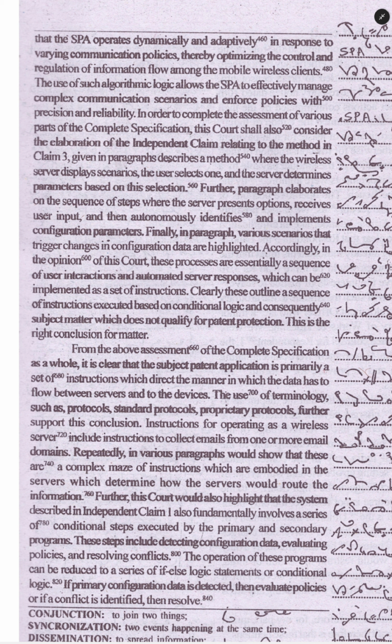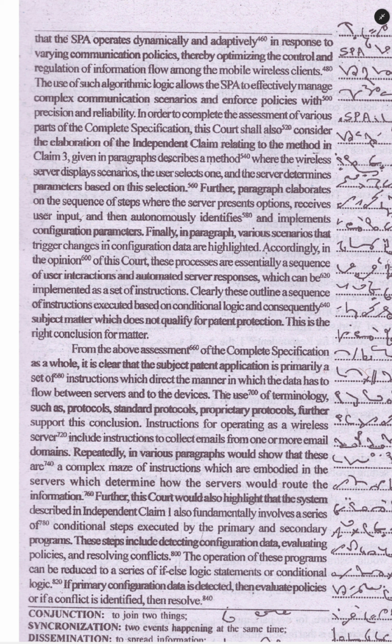From the above assessment of the complete specification as a whole, it is clear that the subject patent application is primarily a set of instructions which direct the manner in which the data has to flow between server and the devices. The use of terminology such as protocols, standard protocols, proprietary protocols further supports this conclusion.